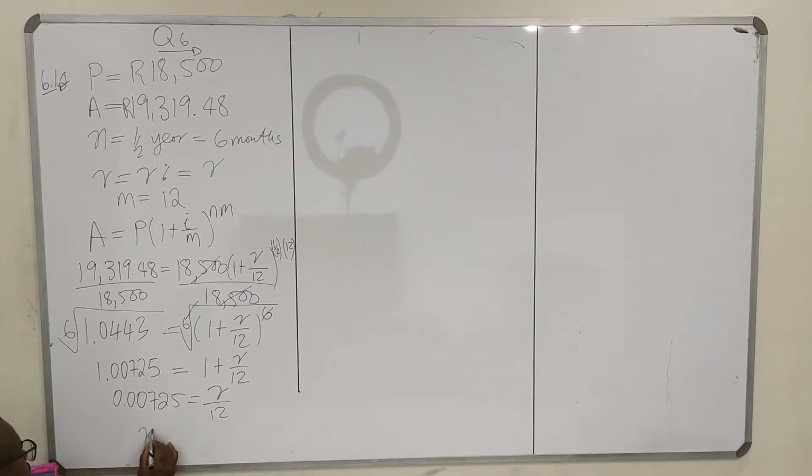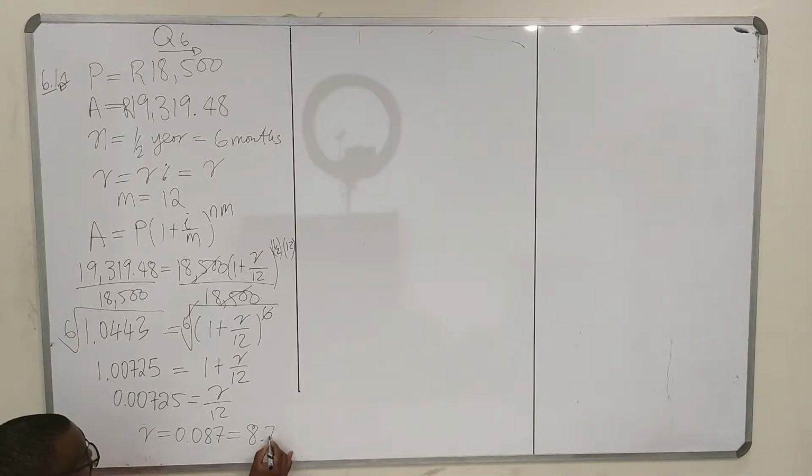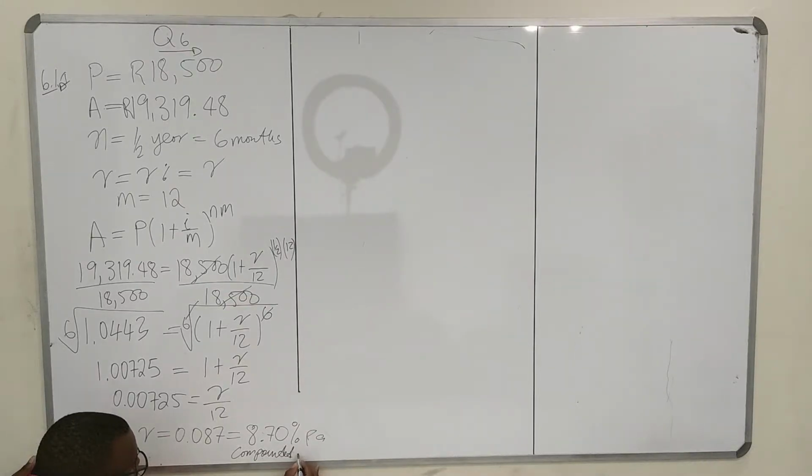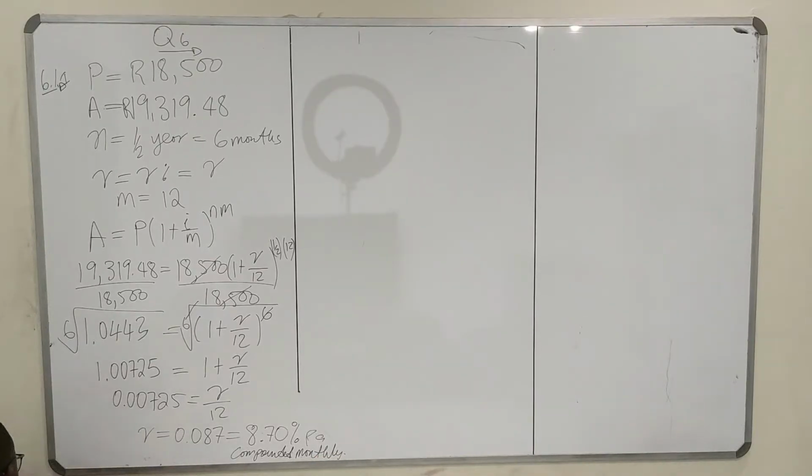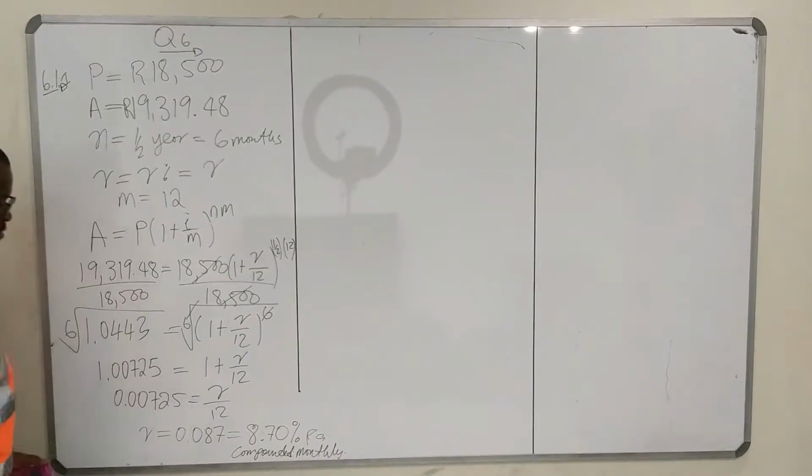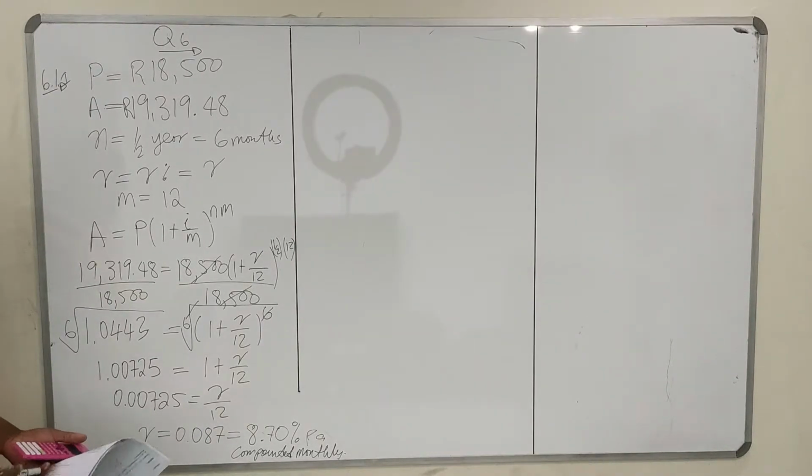We have R is equal to 0.087, which is equal to 8.70% per annum, compounded monthly. Done. It looks like this. Straightforward. You wish they would give you questions like this all the time.